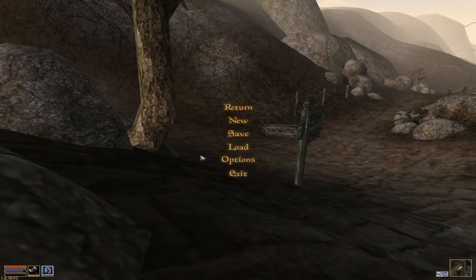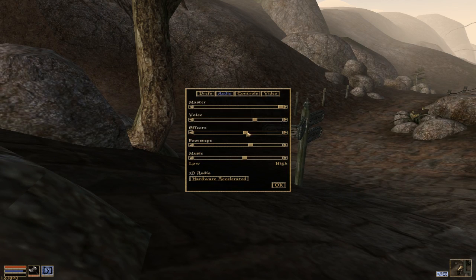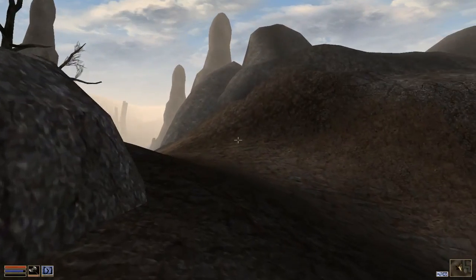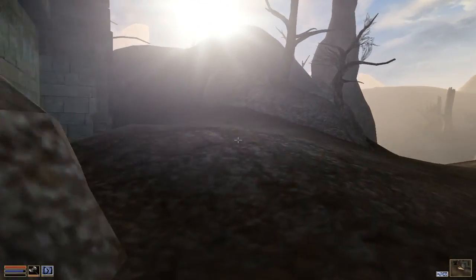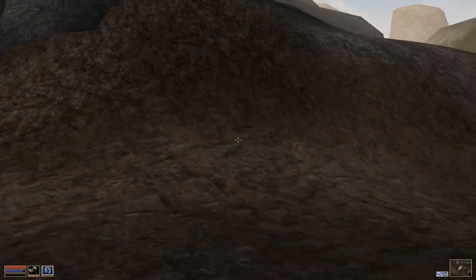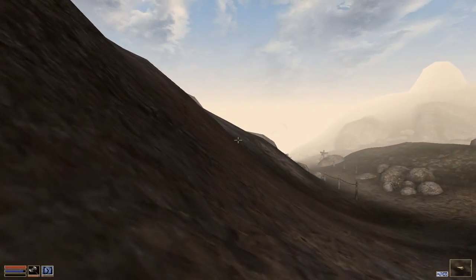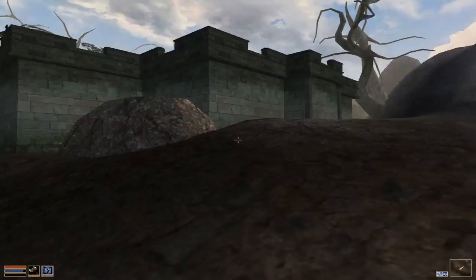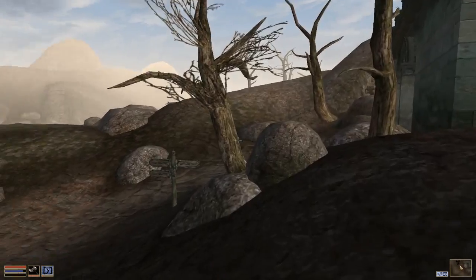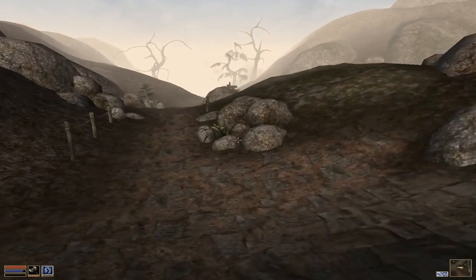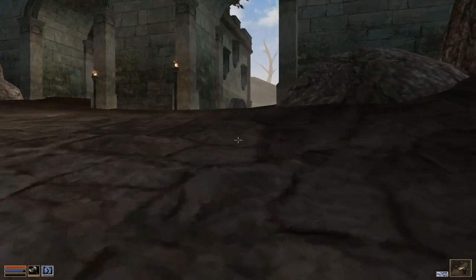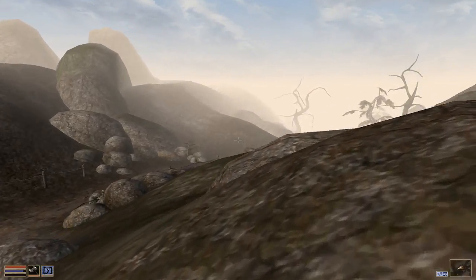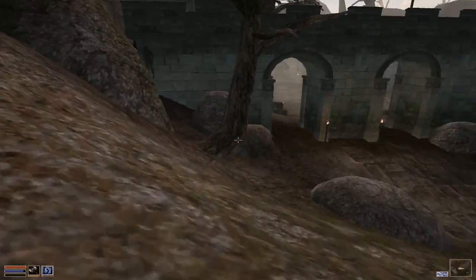So the problem here is that it is a little bit stretched out to the sides. Wait a second, I need to configure a little bit further. This engine does something strange, just plain old strange. It just stretches the render window to the sides, so it's like 4 by 3 ratio stretched to 16 by 9 ratio.